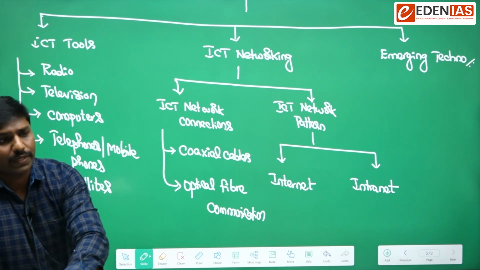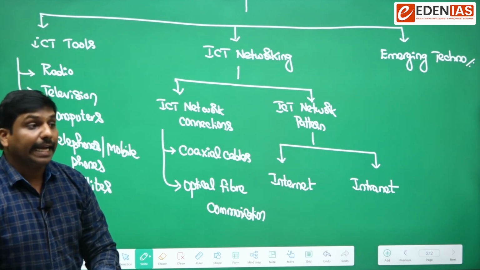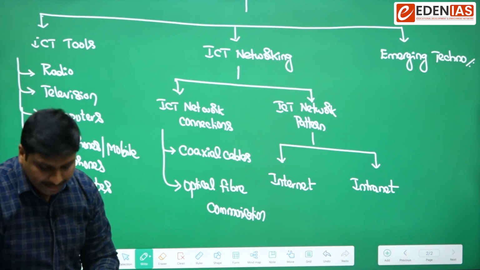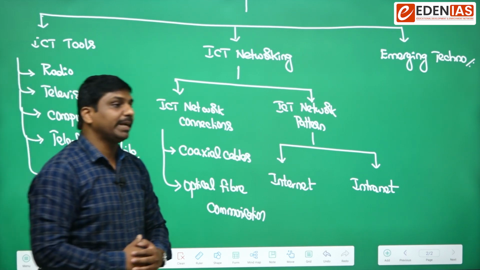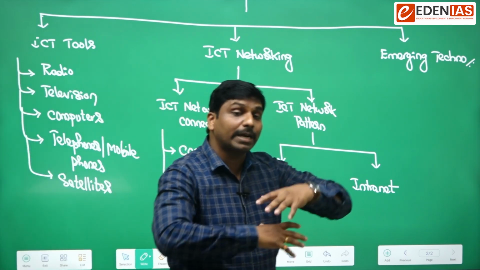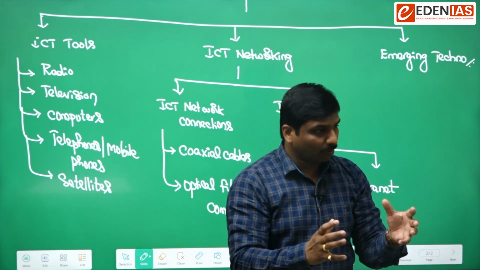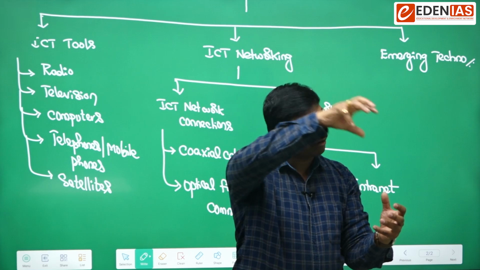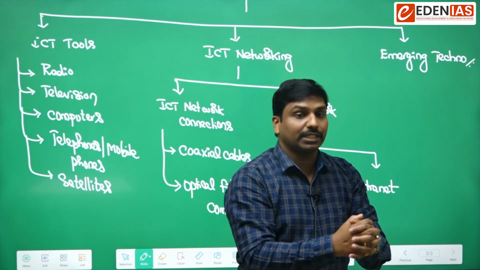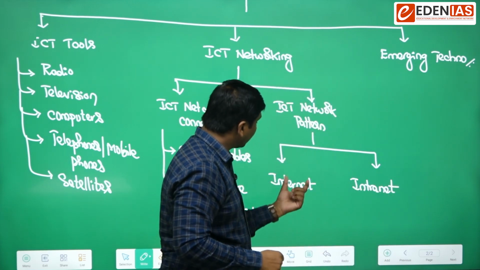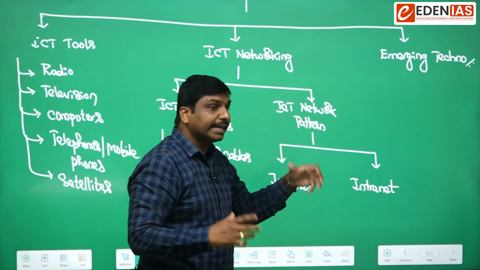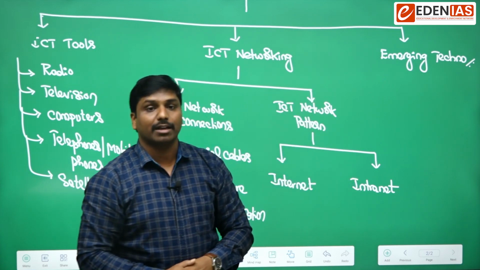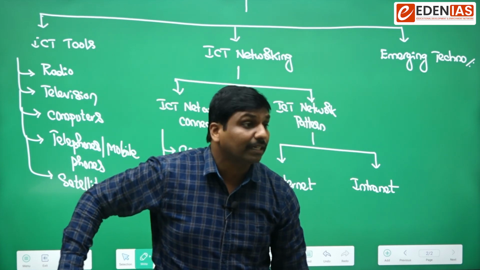In simple terms, what do you mean by internet? It is a network of global computers. When all the computers across the world are brought onto one platform and connected together, such a network pattern is known as the internet.